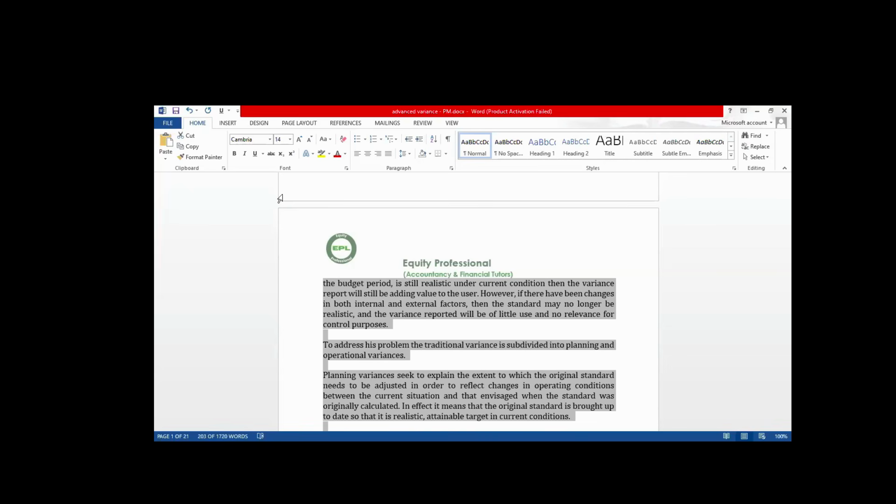Assuming the actual profit is 8 million and your budget is to achieve 10 million, that means there's a variance of 2 million. You now try to investigate the variance.